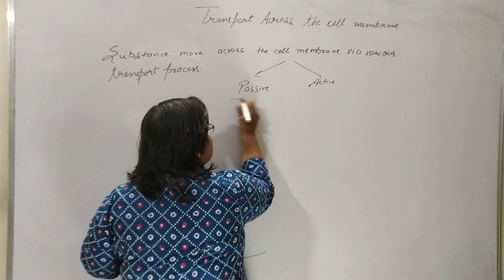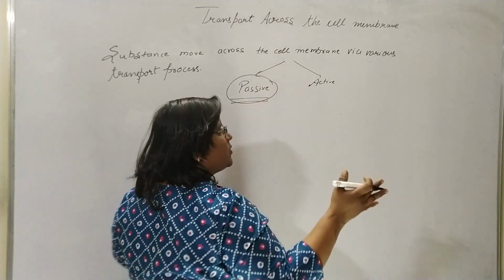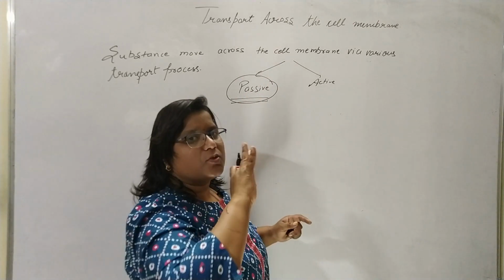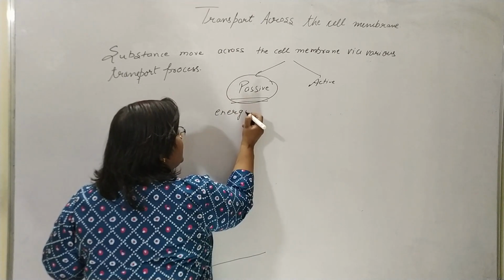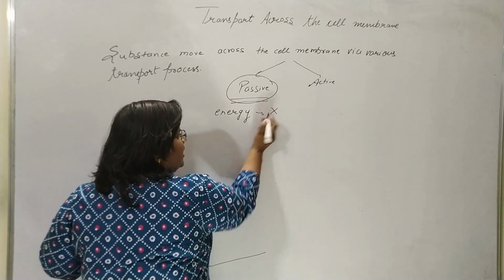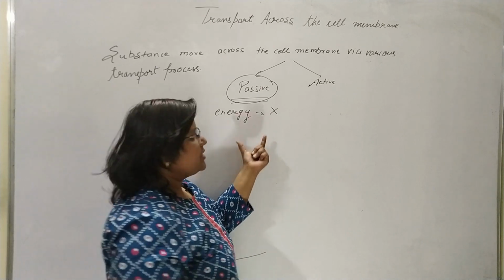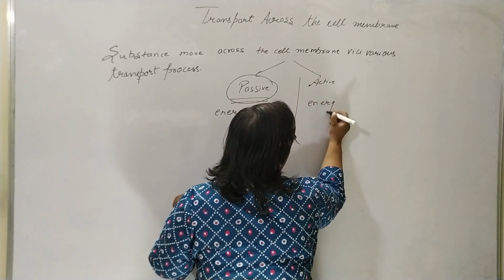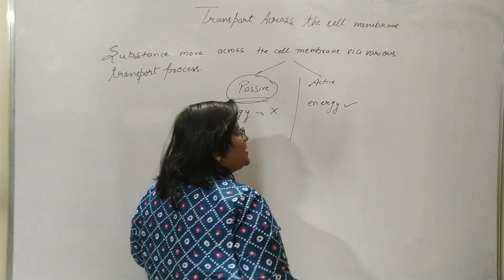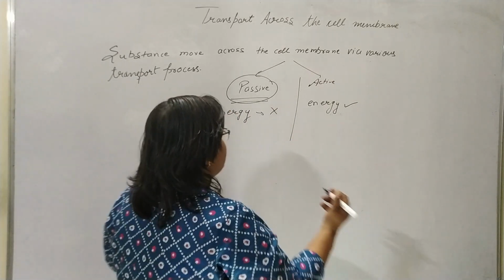In the passive process, as the name suggests, it has no requirement of energy; it will occur without the utilization of energy. Whereas in the active process, energy is required. And you know that the cell's energy currency is ATP.